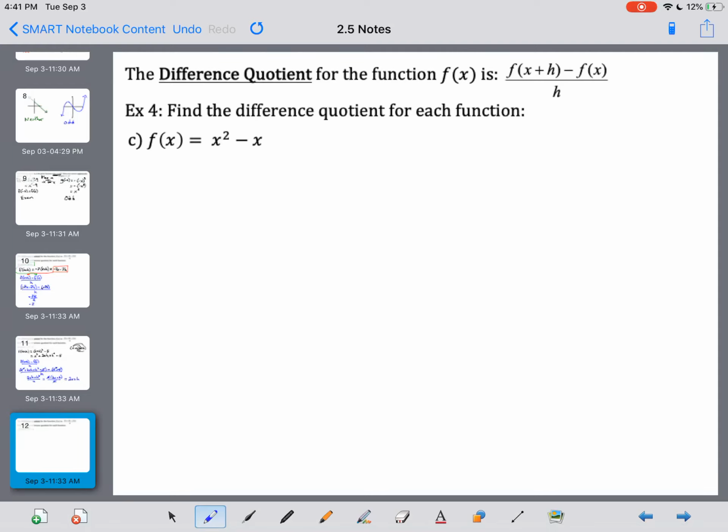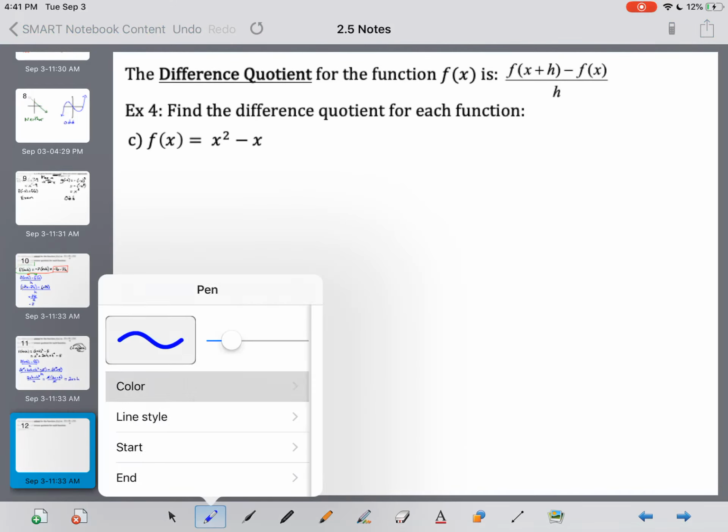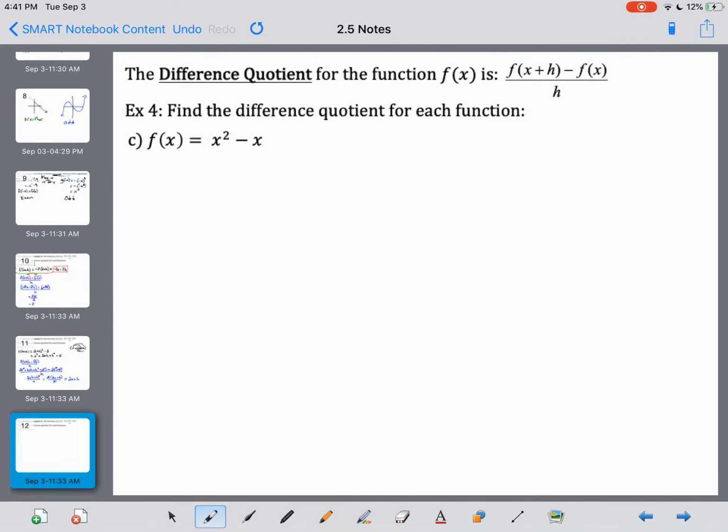All right, let's take a look. So first, we need to evaluate f of x plus h. So I'm plugging x plus h in everywhere I see an x. So this will be x plus h squared minus x plus h. So there's a lot of expanding to do here.